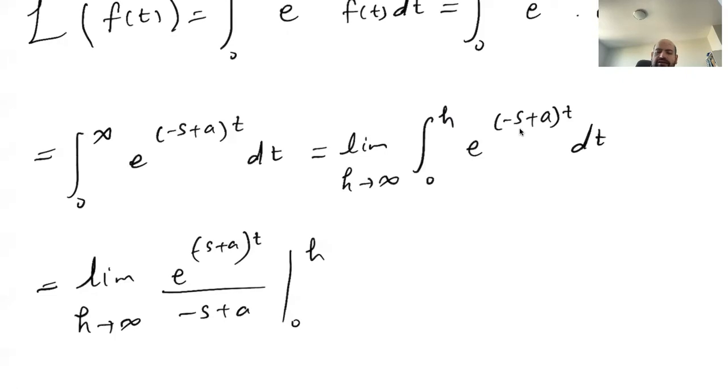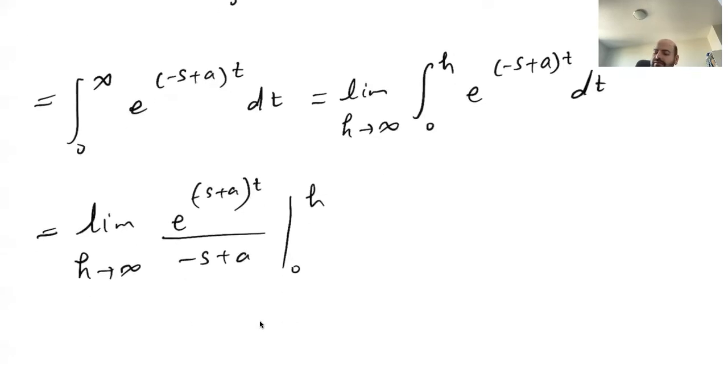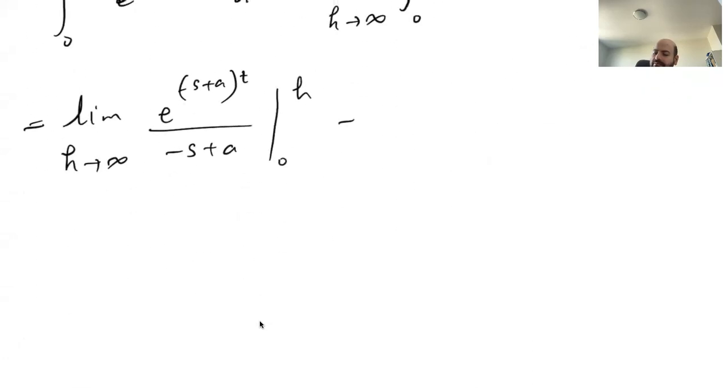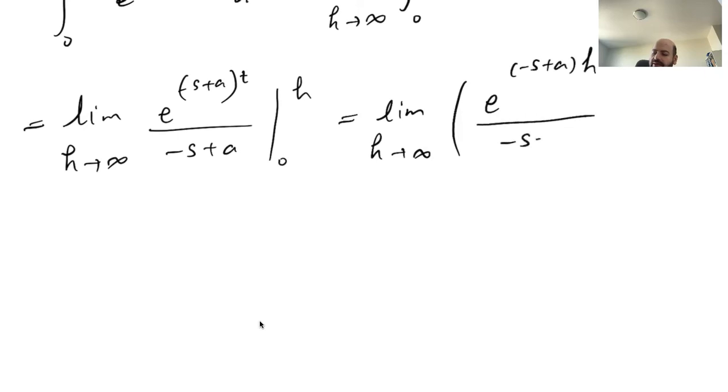And then if I apply the limits, I will have this function evaluated at h minus this function evaluated at 0. So then I'll have limit as h goes to infinity of e to the power minus s plus a times h divided by minus s plus a, minus 1 over minus s plus a, this function at 0.